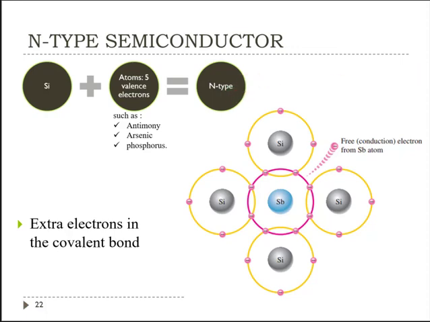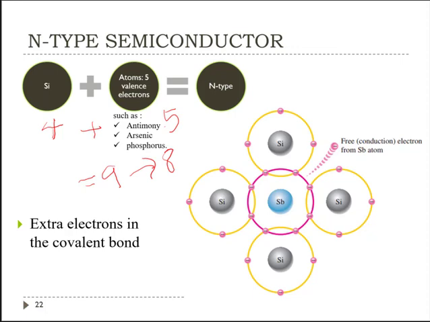When combined with the silicon, it will produce N-type. As we know, in order to make the atom structure stable, it must have 8 valence electrons. So here the silicon has 4 electrons at the outermost shell, and this foreign atom, for example arsenic, has 5 valence electrons. So 4 plus 5 becomes 9. We only want 8.